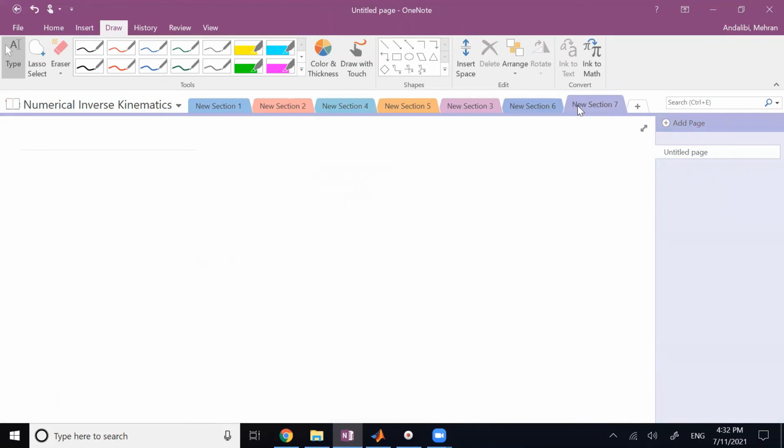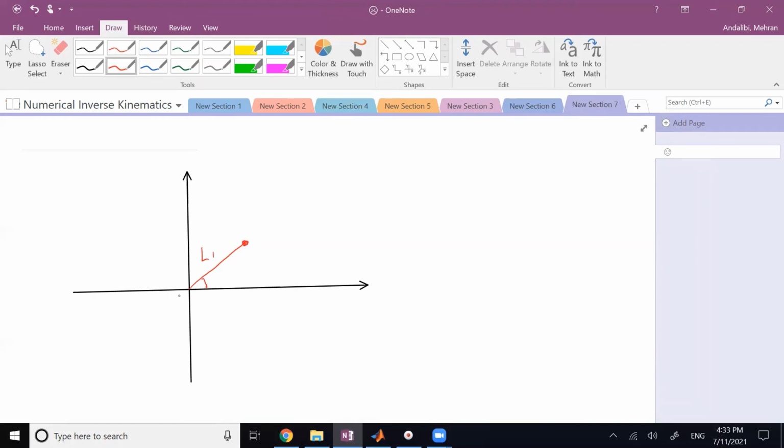So let's take a look at one scenario together for the same problem: a 3 degree of freedom planar arm. I assume the first joint is rotary, but the next two are prismatic. So this member only rotates. It has a constant L1. And then the second member, which looks like this, and then the third member, which looks like this, these guys have variable length.